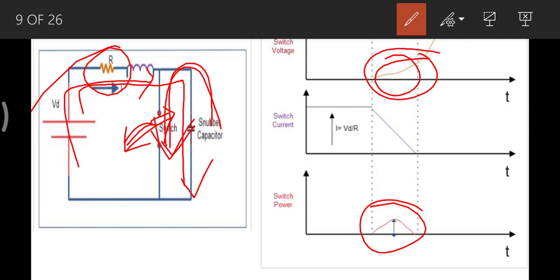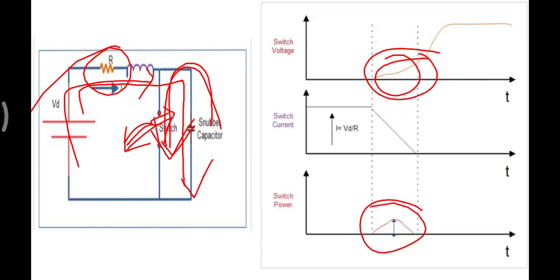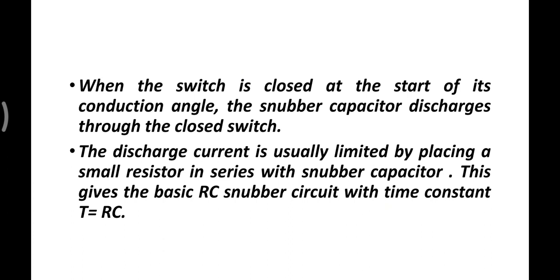Compared to the circuit which does not use this snubber circuit, the losses will be more. If you use this snubber circuit, the losses will be reduced. So this is about the basic working principle of the snubber circuit.